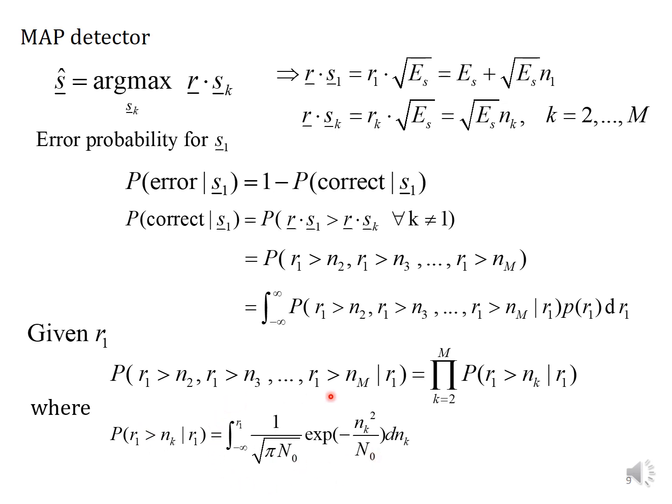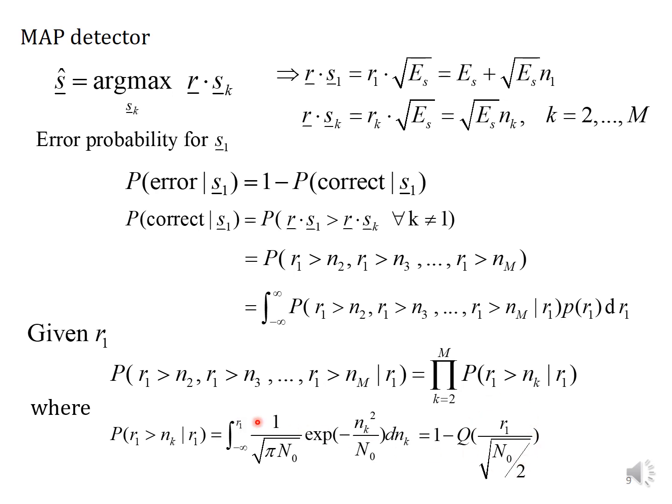That would be this integral of the probability distribution of the random variable Nk, from minus infinity to R1. So Nk is always less than R1. The area of this Gaussian integral would be 1 minus the tail probability.